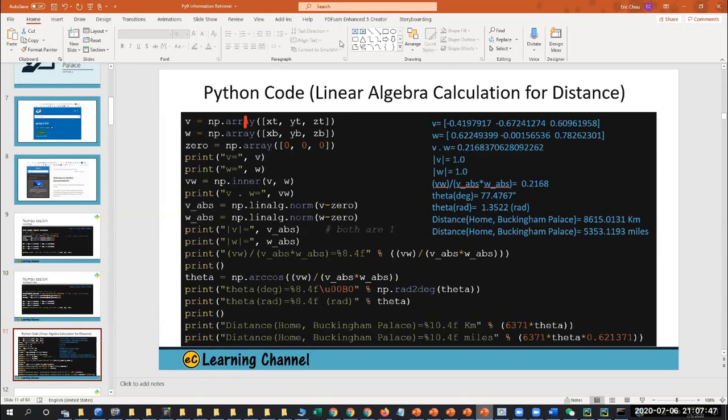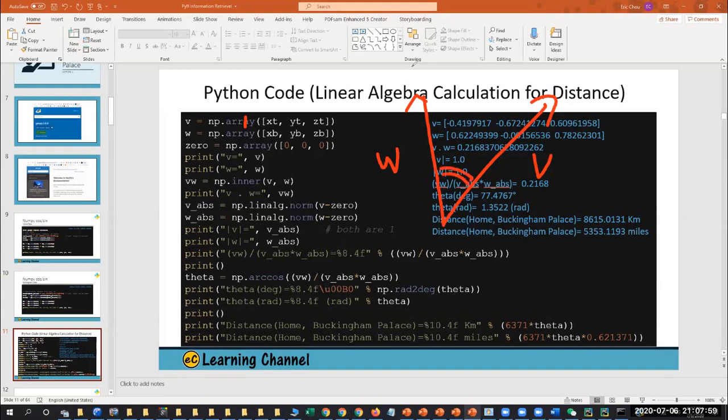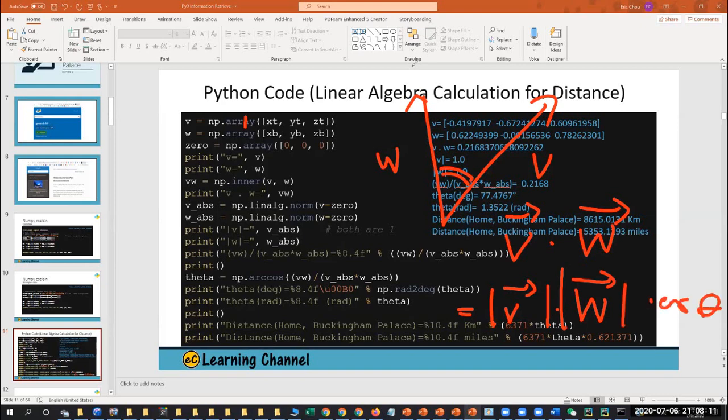So basically I have a vector V and I have a vector W. I know the inner product of V with W should be the length of this guy times this guy times cosine theta, right? So I'm trying to calculate the distance from here to here, right? And this angle should be very small.